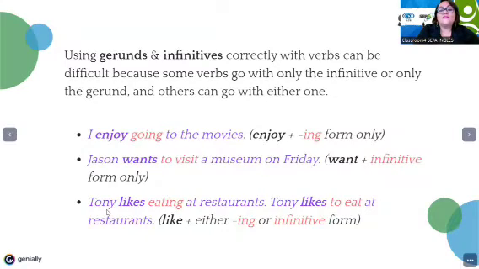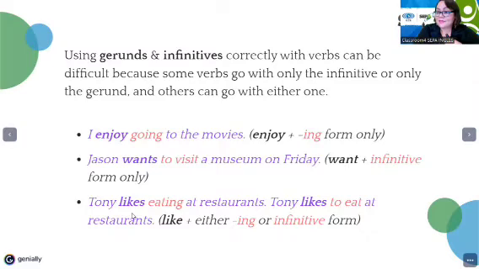Then Tony likes. Like is something about a preference in which I'm involving my feelings, my sensations. So Tony likes eating at restaurants. Tony likes to eat at restaurants.